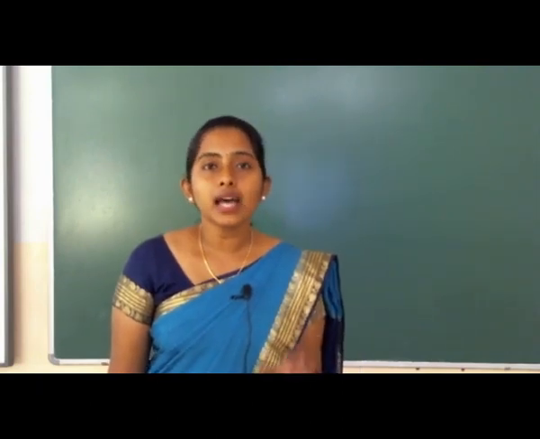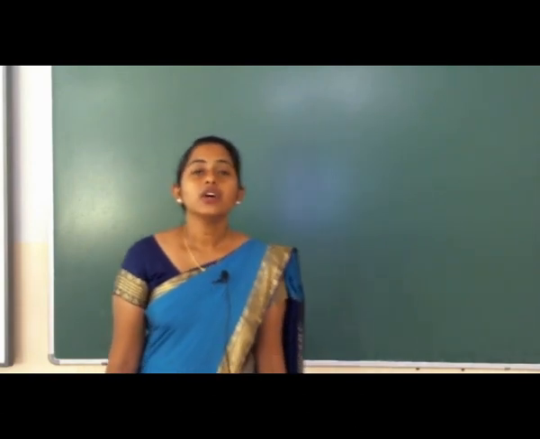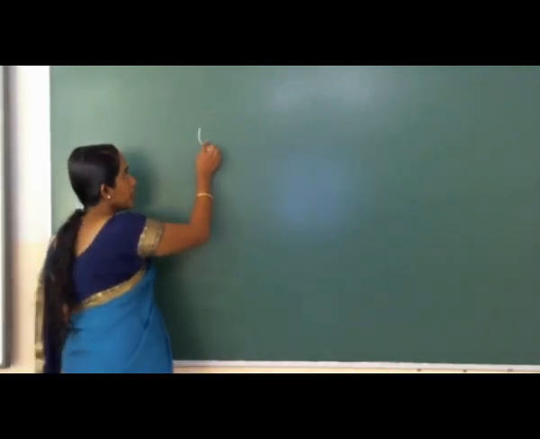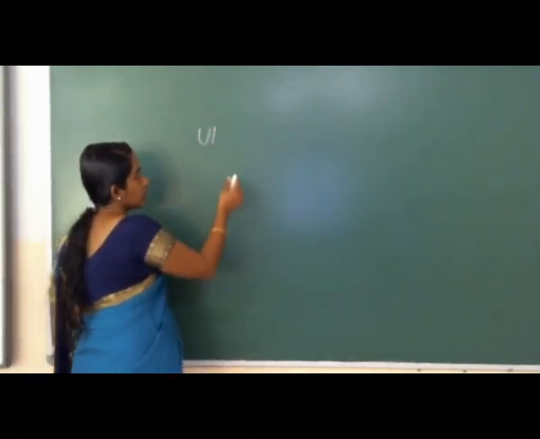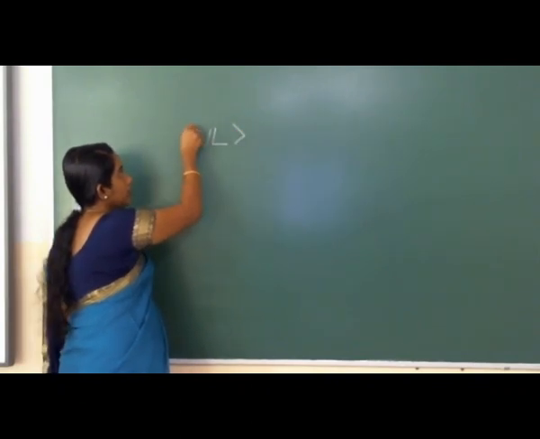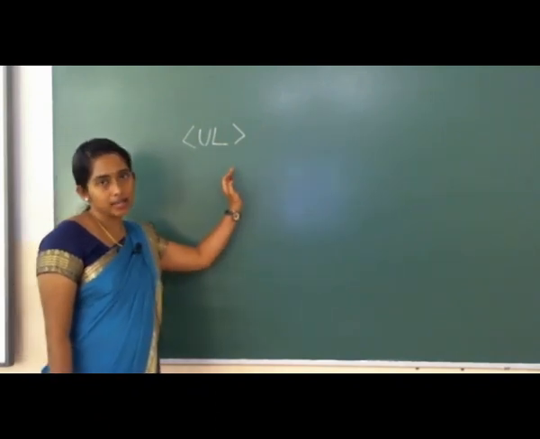The main tag that we are using in an HTML program for an unordered list is the UL tag. How will we denote the tag? By the angle brackets. So this is the tag.